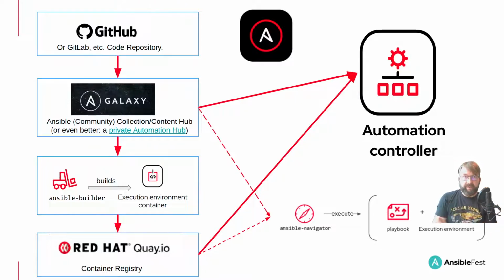So containerized execution environments are also the new way of sharing, literally, execution environments. Last but not least, when I built that collection, stuck it into an execution environment, a container image, that container image I shared in a container registry for others to use. That's how my Ansible navigator is going to execute my playbook against, and that's what my automation controller, Ansible Tower, is going to use to run my workload, right?